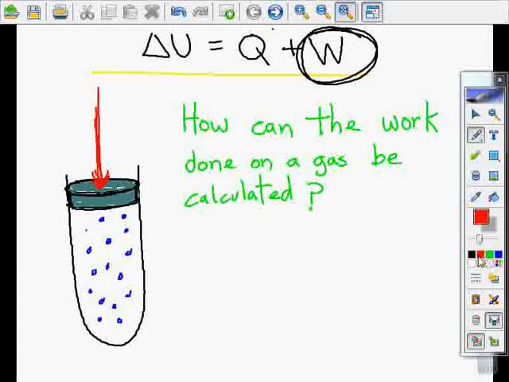Now, if you push down on that piston with a force F, and the piston drops down a distance delta x, if you want to know how much work you did, the work done simply equals the amount of force used times the distance that the piston was pushed down.